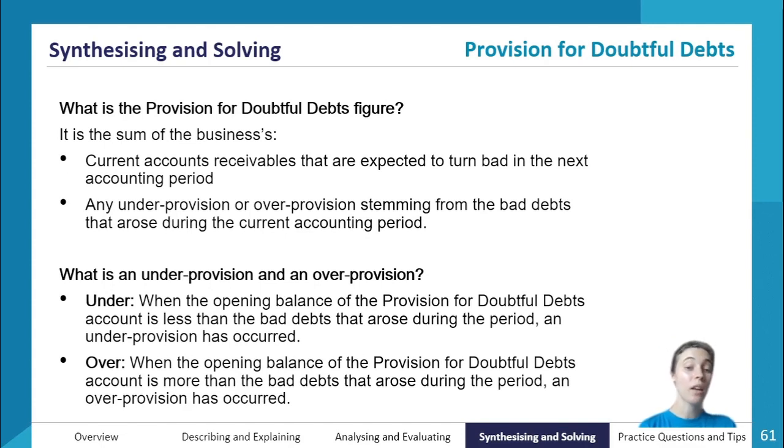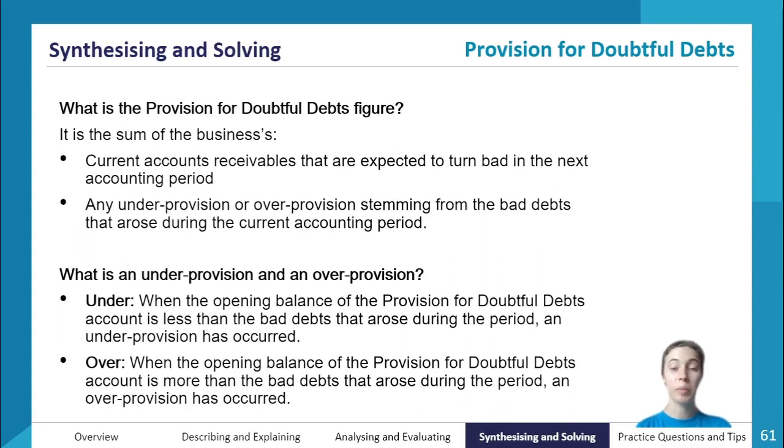So what is under and over provision? An under provision is when the opening balance of the provision for doubtful debts account at the start of the period is less than the bad debts that arose during the period. So you have under predicted, I suppose, that the bad debts are more than what you predicted at the start.